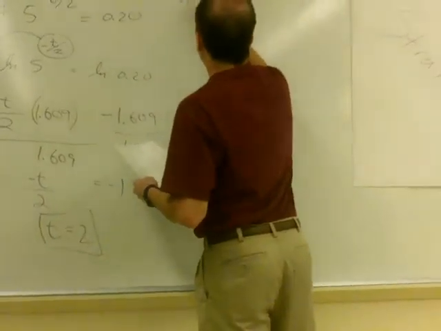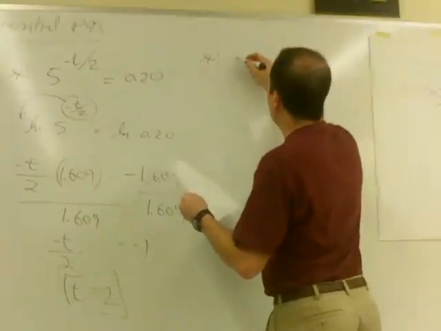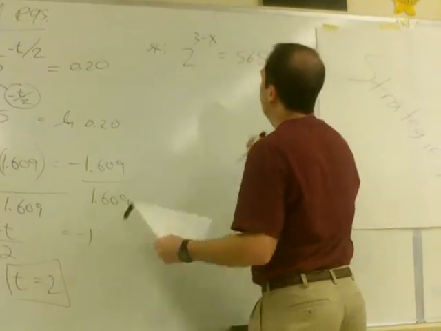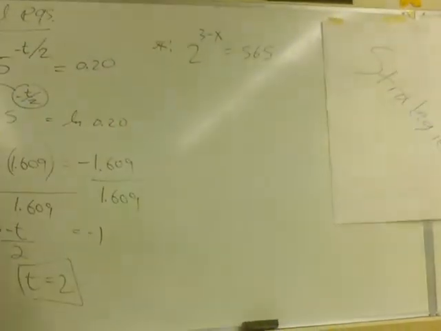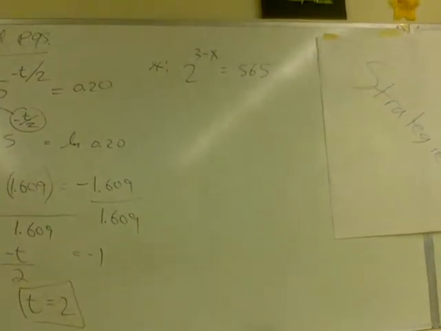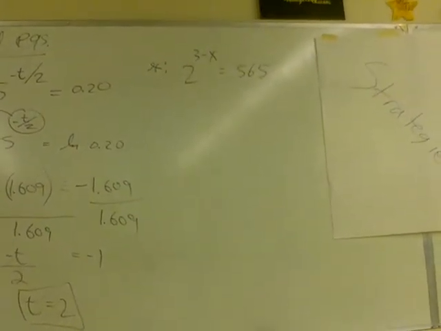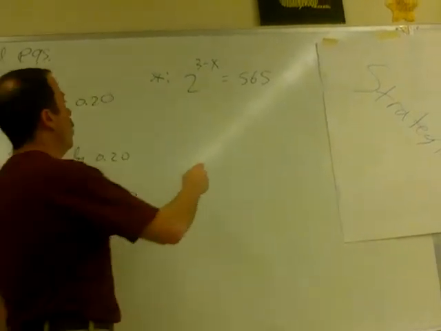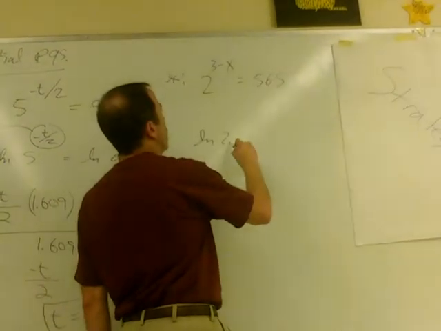All right, so 2 to the 3 minus x equals 565. Again, we have an opportunity here to simplify using natural log and make our bases the same. So we're natural logging both sides.